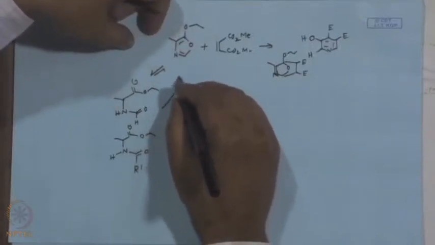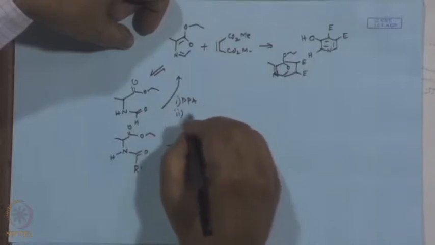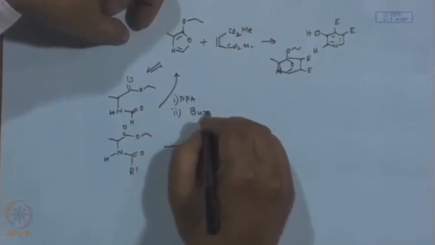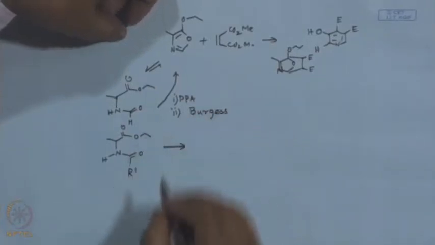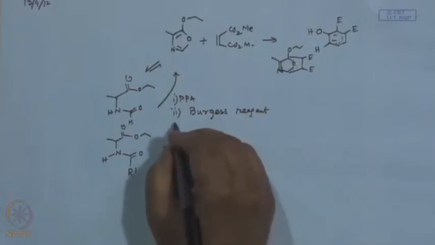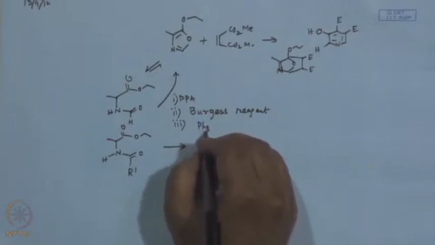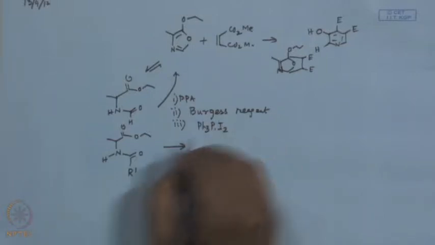And there are plenty of other dehydrating agents, all of you know, right. Sulfuric acid is the commonest one, DCC also is there, but this is not very effective in this case. Alternatively, other than PPA, you can go to this sort of compound, Burgess reagent. Then you can go on talking about many things, and another very useful one is the triphenylphosphine and iodine complex.